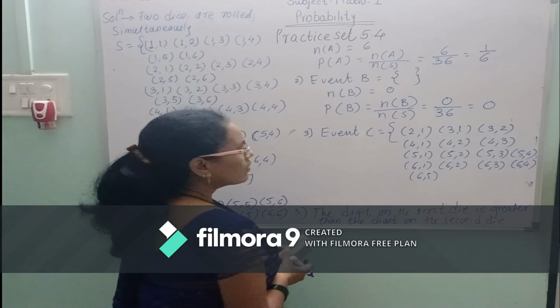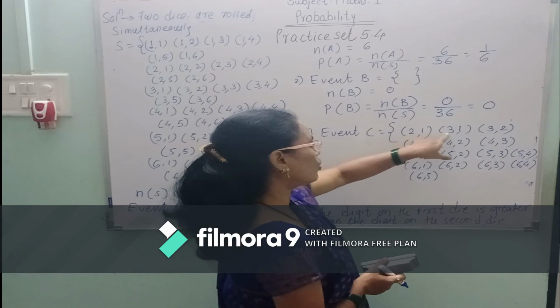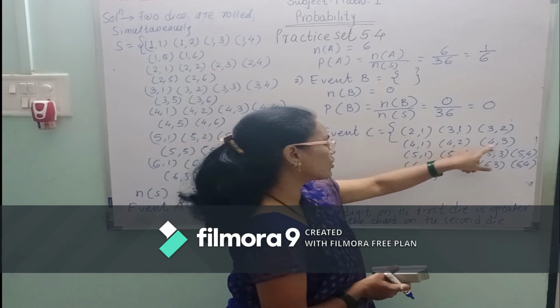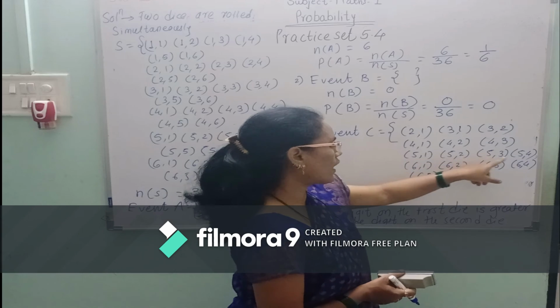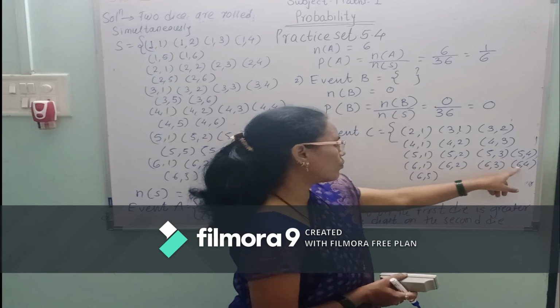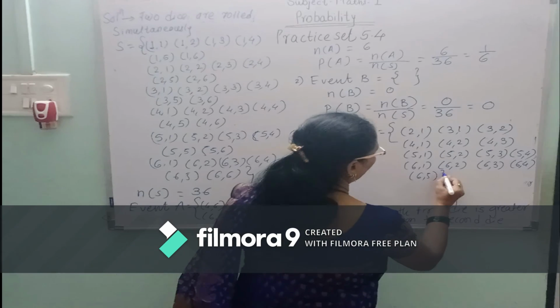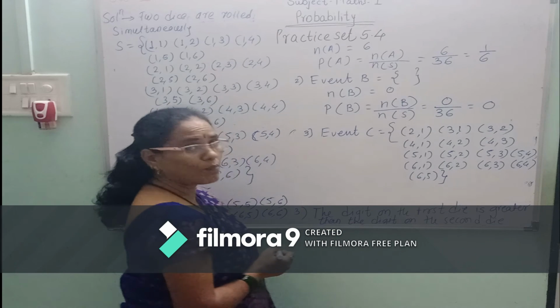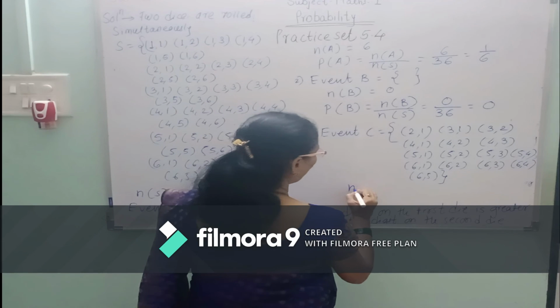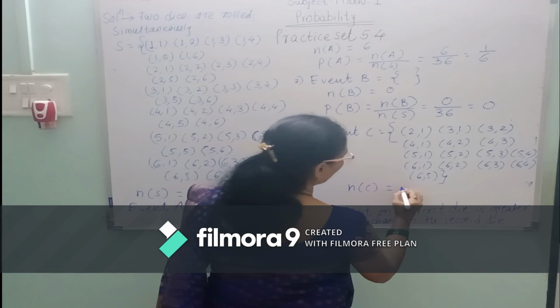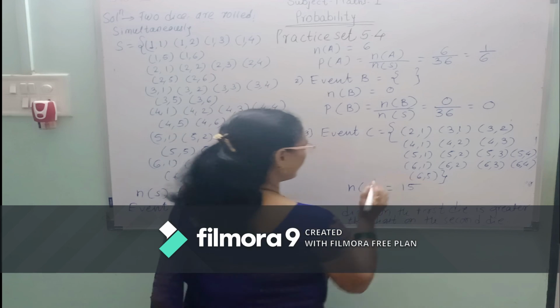Now count these outcomes: 1, 2, 3, 4, 5, 6, 7, 8, 9, 10, 11, 12, 13, 14, 15. That is the total number of event C, so n(C) is equal to 15.